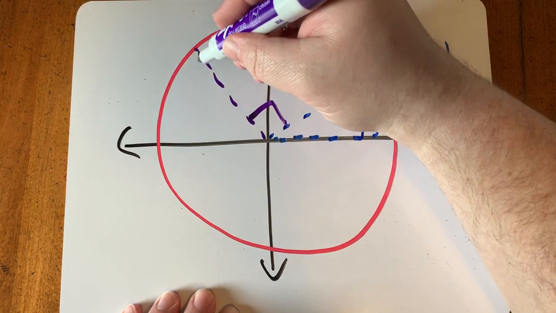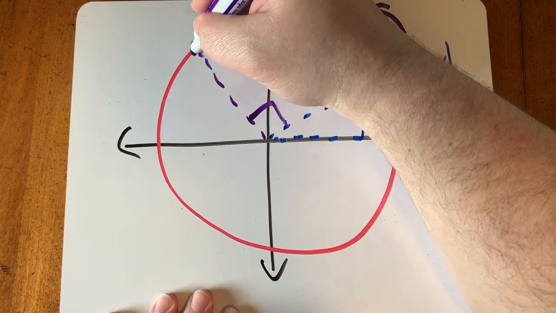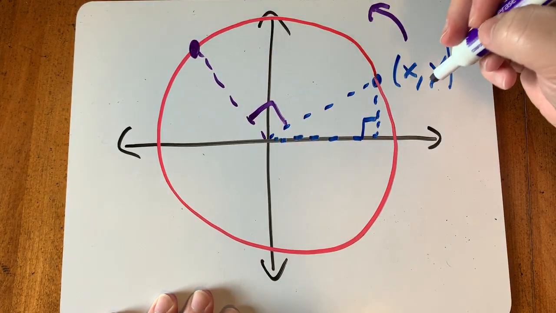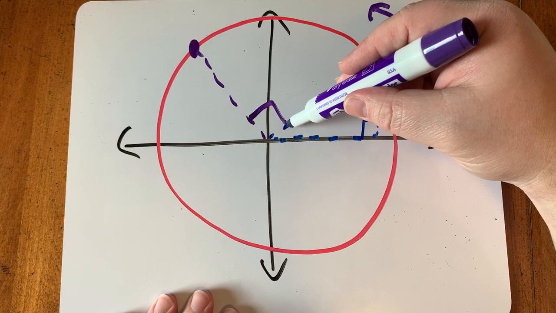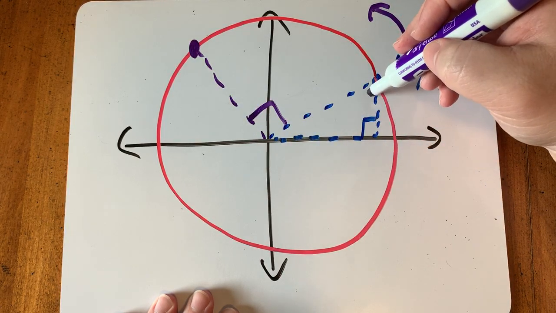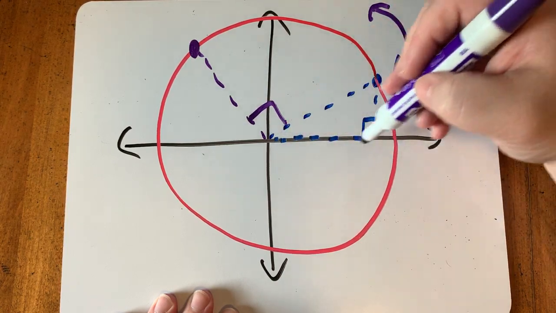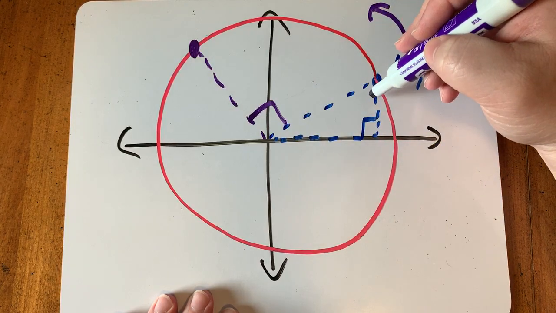So if we want to rotate this 90 degrees, this radius and that radius will have a 90-degree angle between them. And it's going to end up here. Well, if this angle and this angle are in this right triangle, these two angles are complementary.